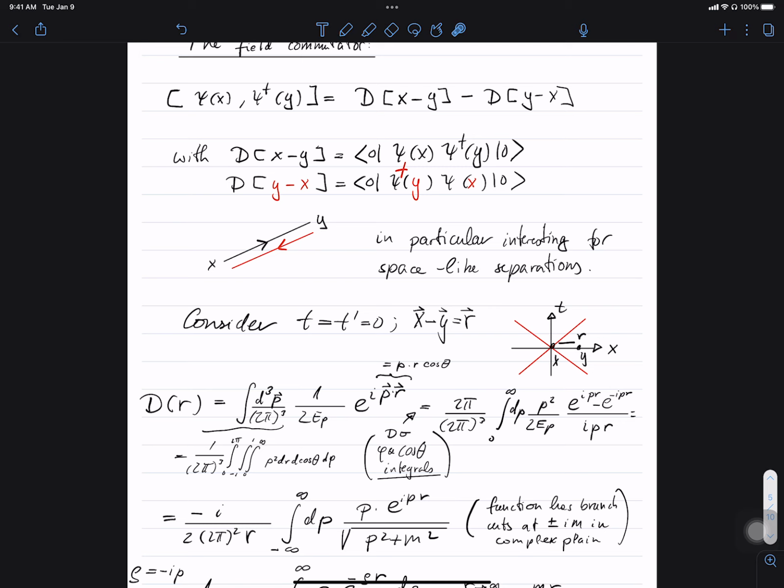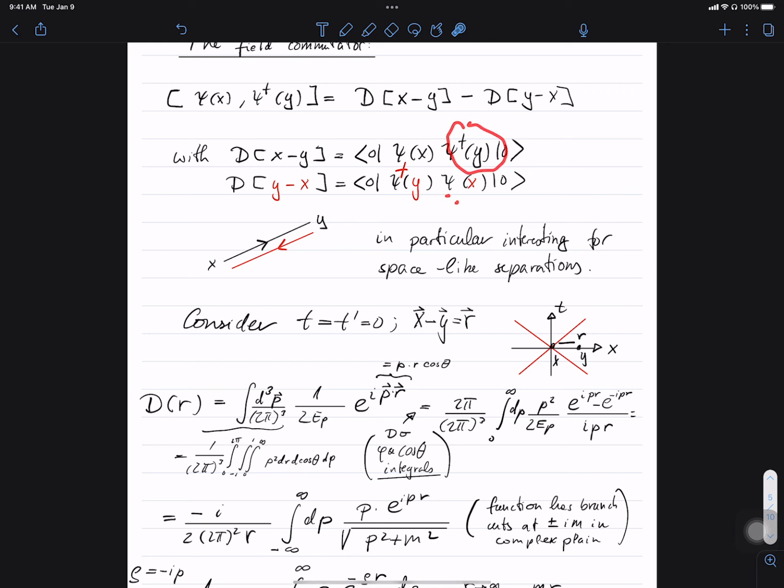This is to make sure that you don't create a particle and annihilate an antiparticle. Such a process would not conserve the charge. So consequently, if we have y and x flipped, we actually produce an antiparticle at point x and annihilate this antiparticle at point y. To create particles, we need the dagger operators here.